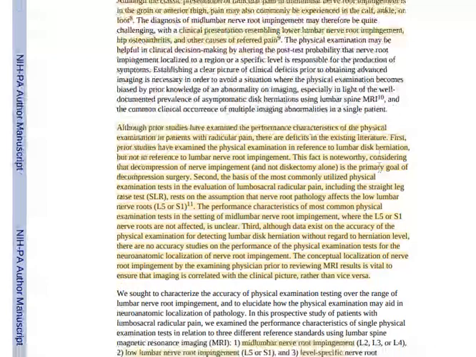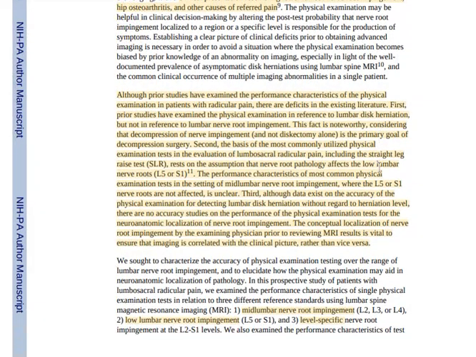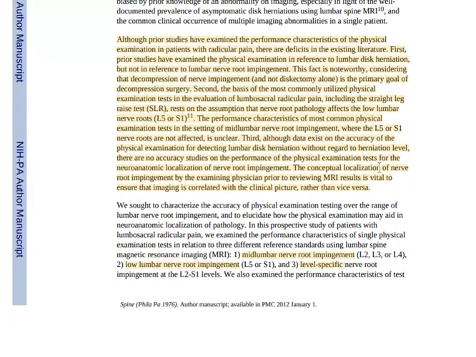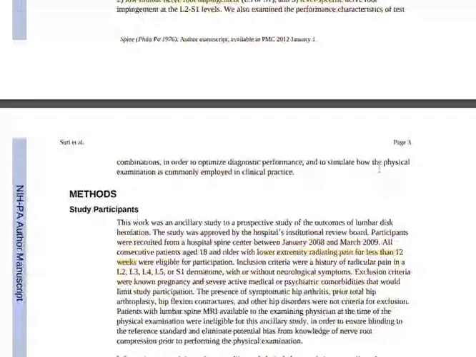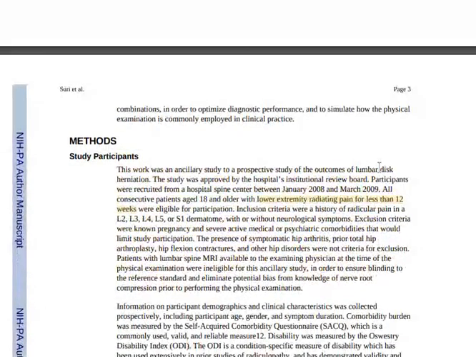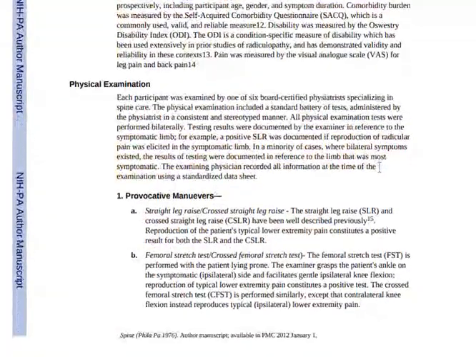Those are typically not specific for a specific nerve root, but overall sensitivity. Not enough research has been done on the femoral stretch test, so they did look at that here as well. They looked basically at mid lumbar, lower lumbar, and then they did look at level-specific roots as well. All these people had lower extremity radiating pain for less than 12 weeks.